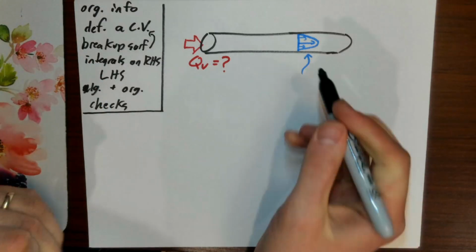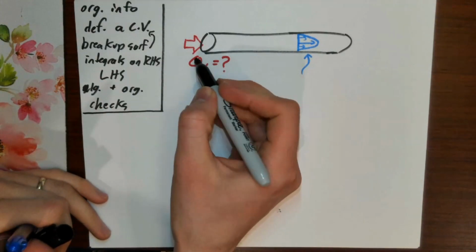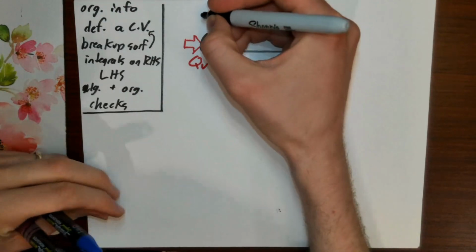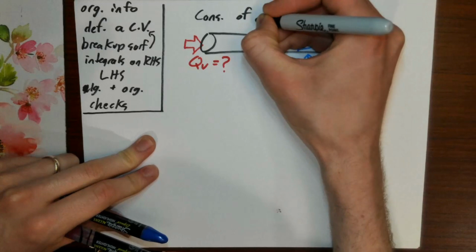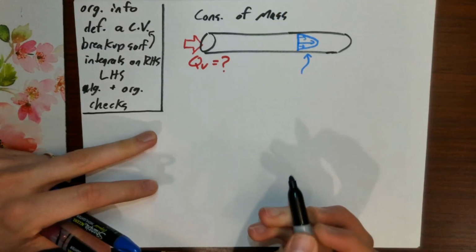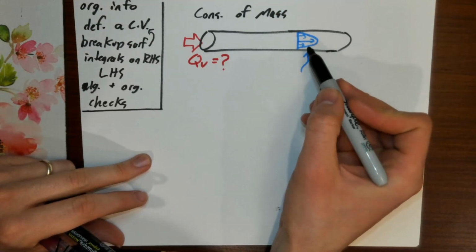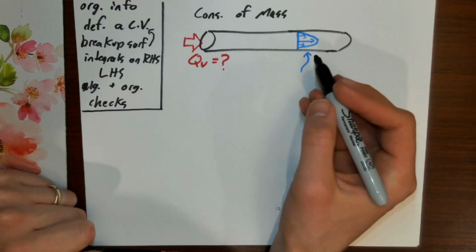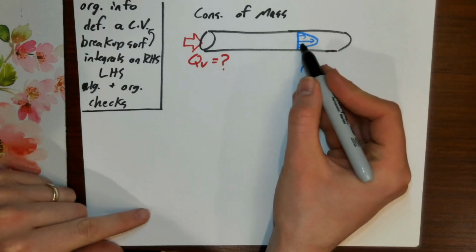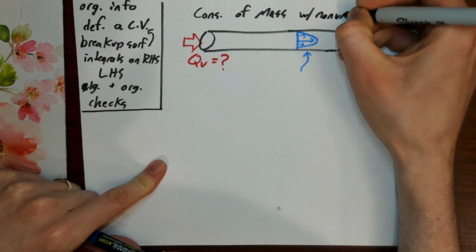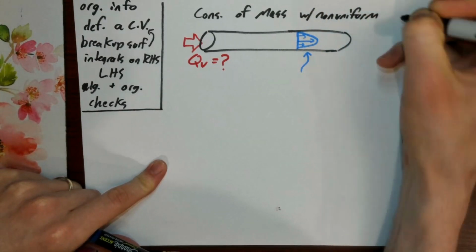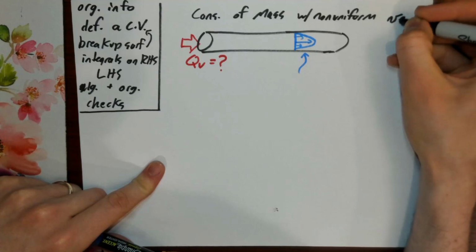When we think about relating things like velocities to volumetric flow rates, this is going to invoke conservation of mass, and it's going to be a little trickier than some previous conservation of mass problems that we've done, because now we have a non-uniform velocity profile.